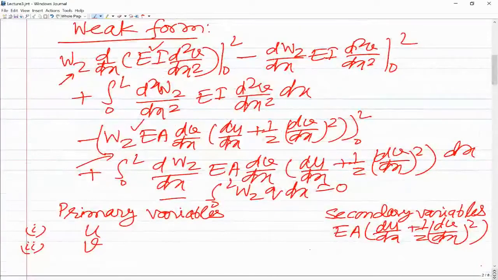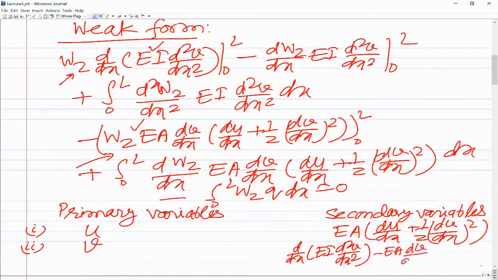So the secondary variable is d by dx of EI into d2v by dx square, minus EA into dv by dx into du by dx plus half of dv by dx whole square.